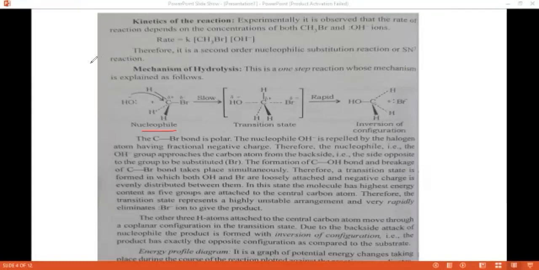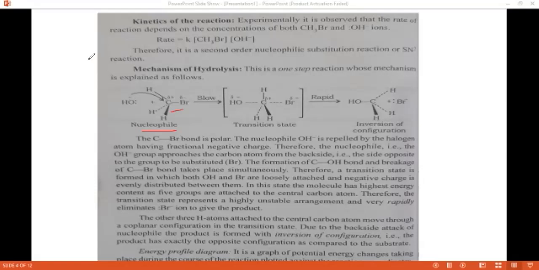Now this is the mechanism. First, draw the structure of methyl bromide. There are three hydrogen atoms attached to the central carbon atom, and bromine is attached to the carbon.